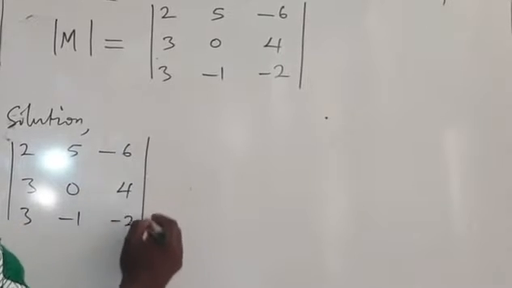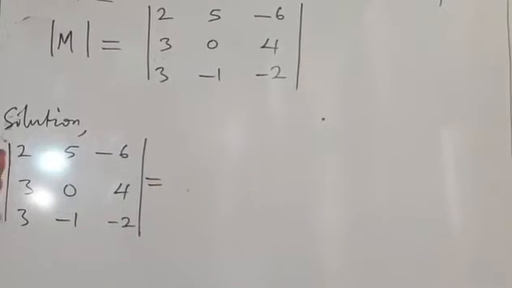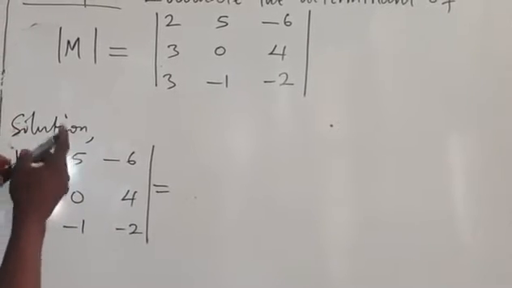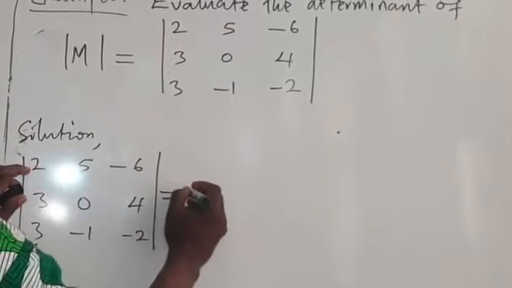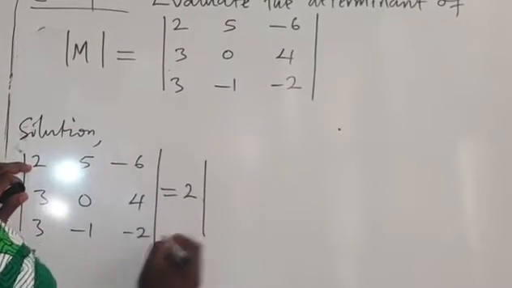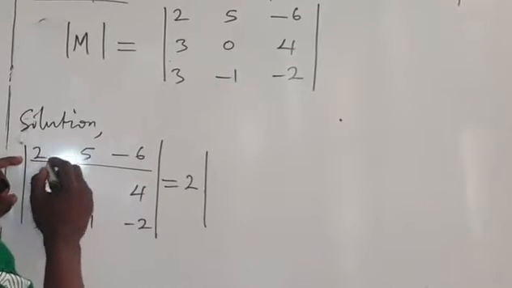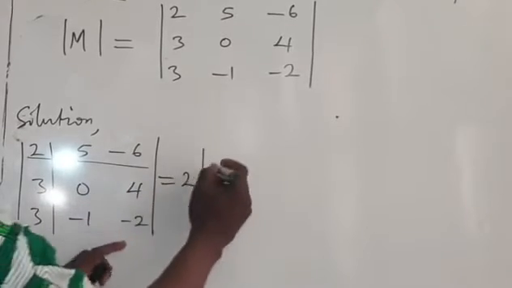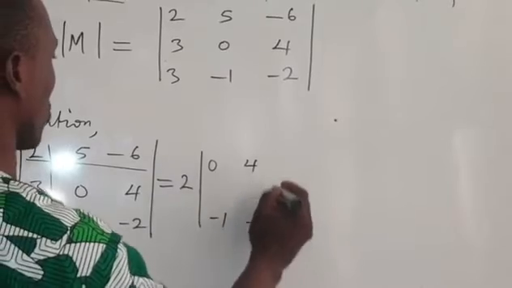So which is equal to, the first element in the first row, we are going to use the cover up method. You cover 2 horizontally and vertically. So we have 2, then if you cover 2 vertically and horizontally, you'll be left with 0, 4, minus 1, minus 2.